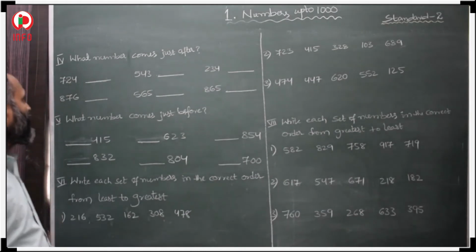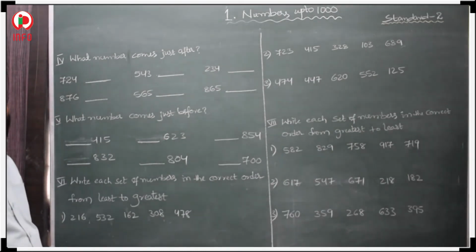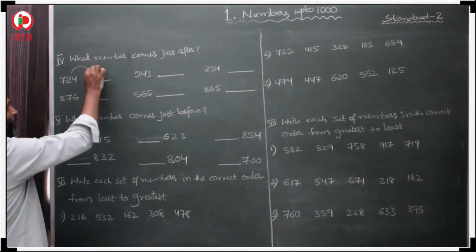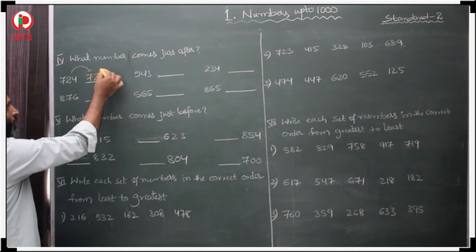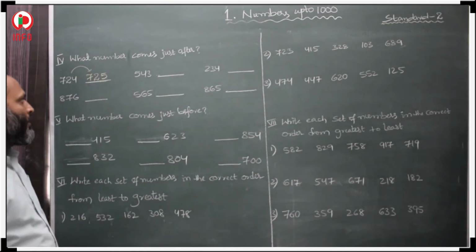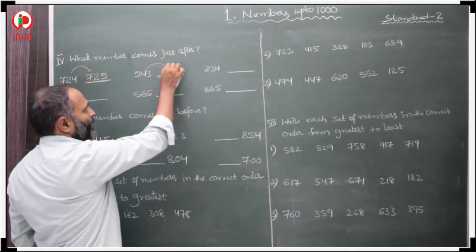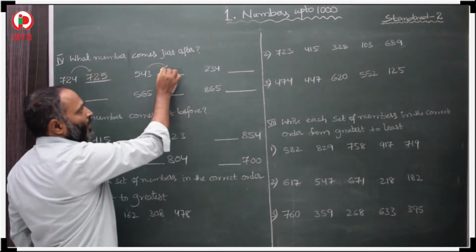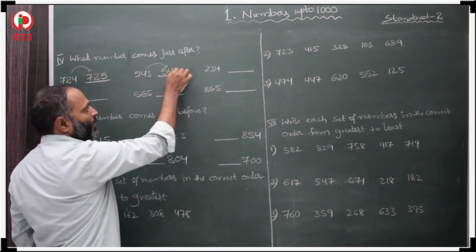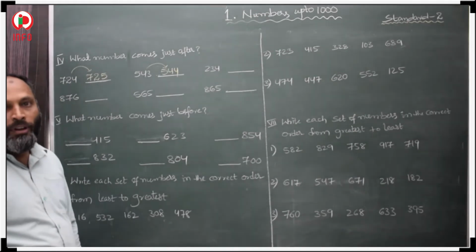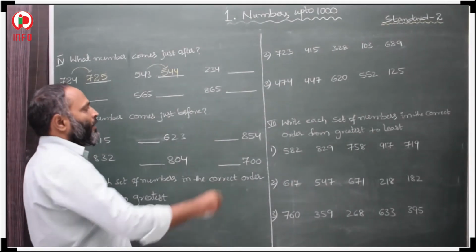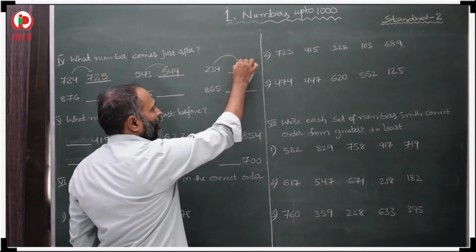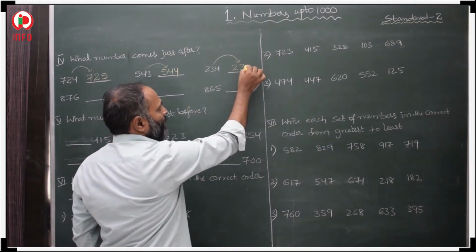Yes, next. Our next question: what numbers come after? We have to write the after numbers here. Here 724, the after number is 725. Then 543, the after number is 544. Then 234, the after number is 235.